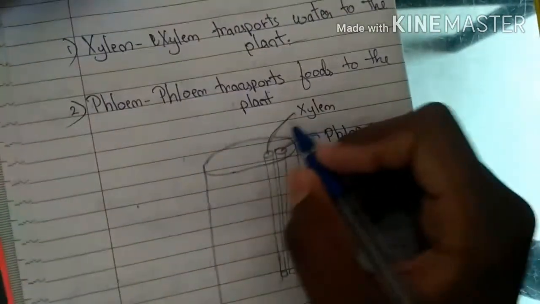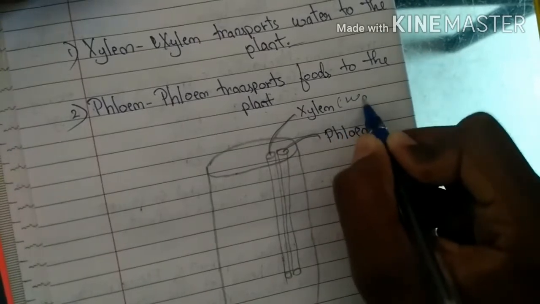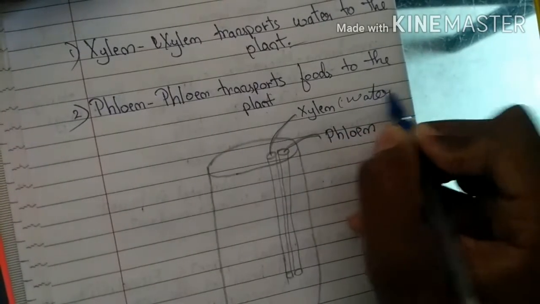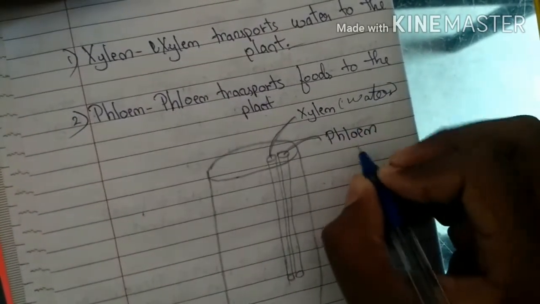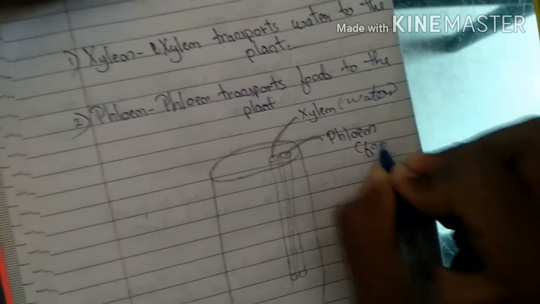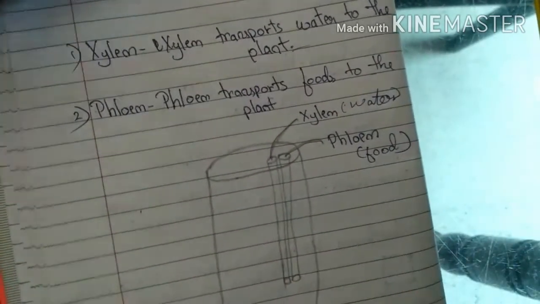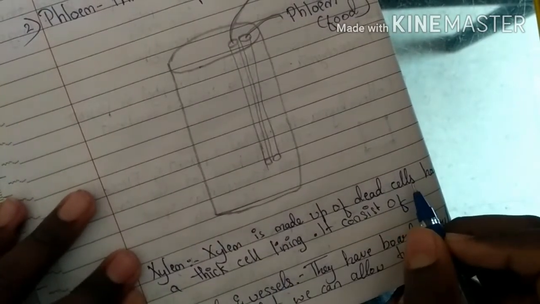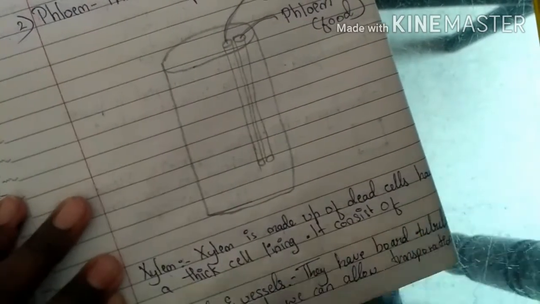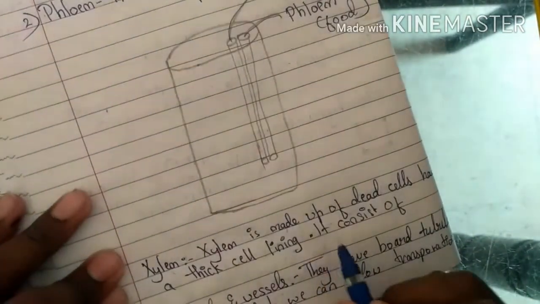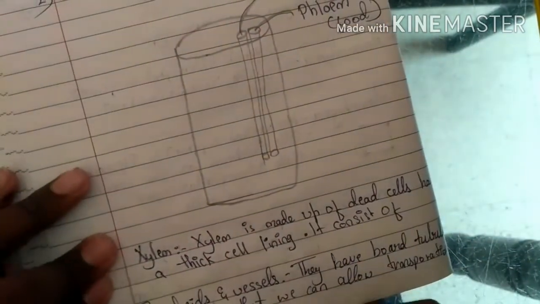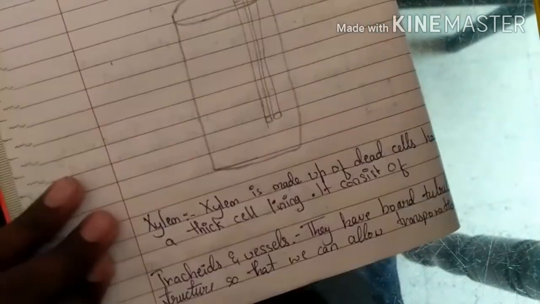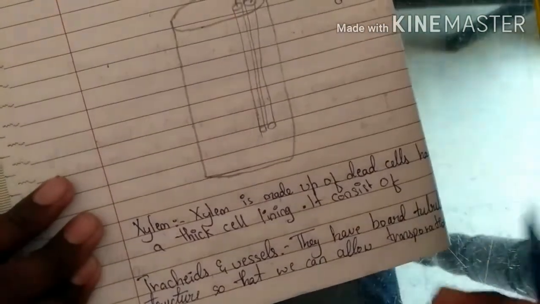So the xylem transports water, and the phloem transports food. Now xylem is made up of dead cells having a thick cell lining. It consists of tracheids and vessels. They both have tubular structures so that they allow transportation.